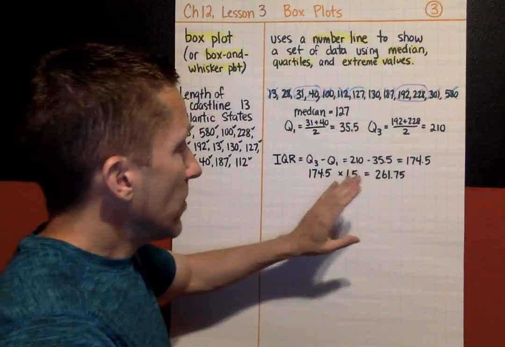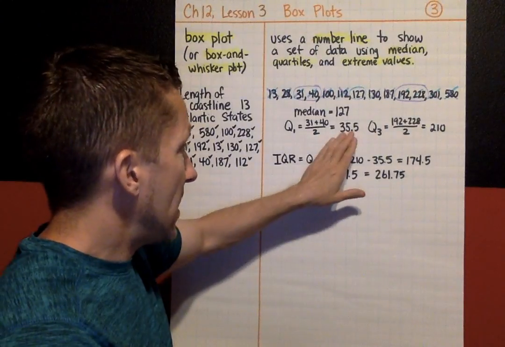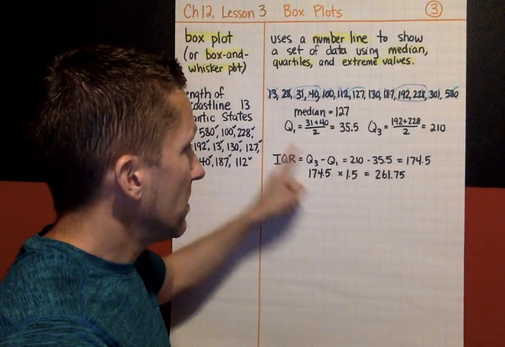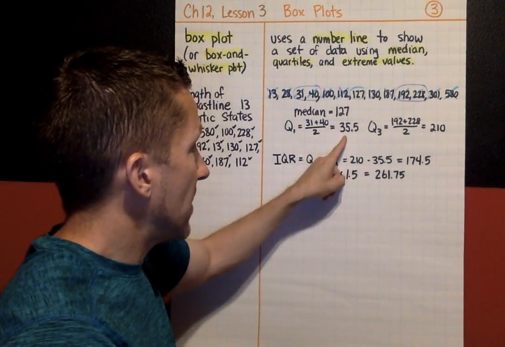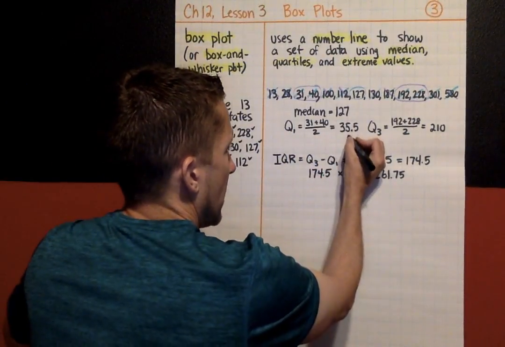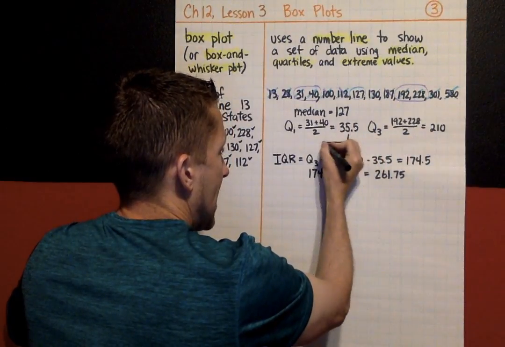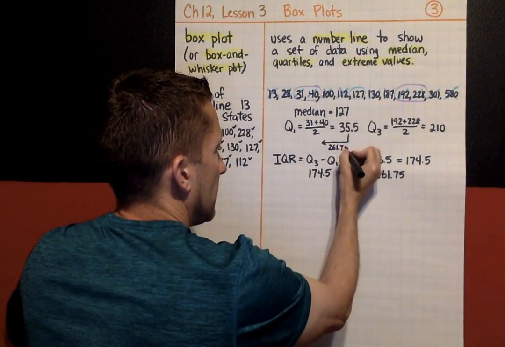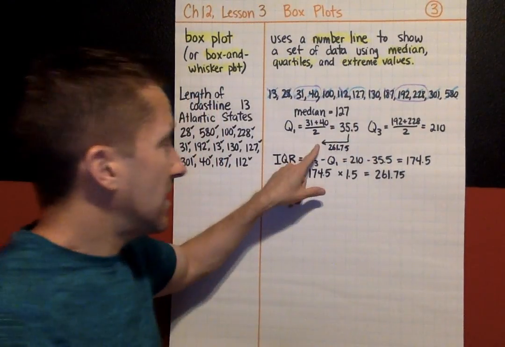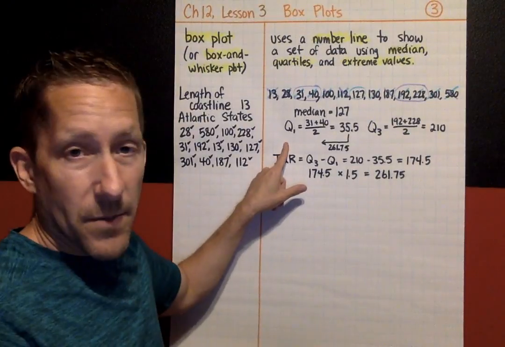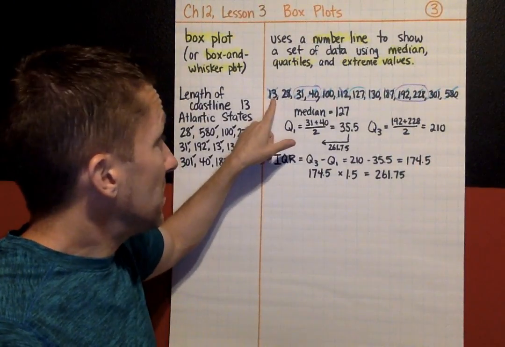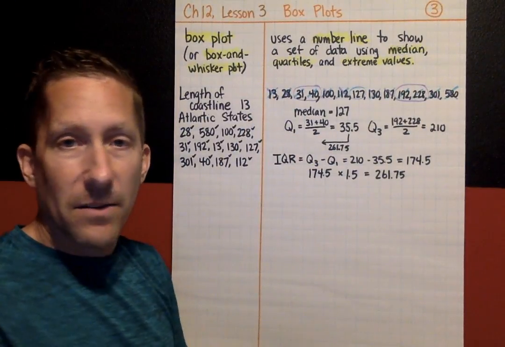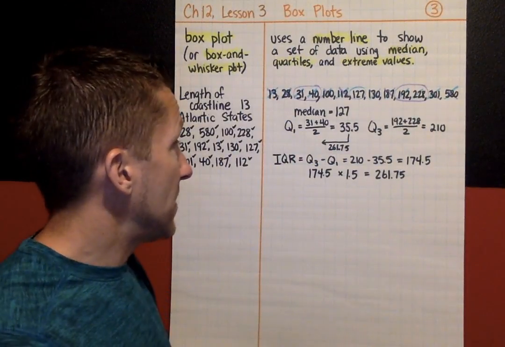Well, remember, this is what you do. I look at quartile 1 and I go down 261.75. That's going to take me well into the negative numbers. My lowest number in my data is 13, so I do not have any outliers on the low side of my data.